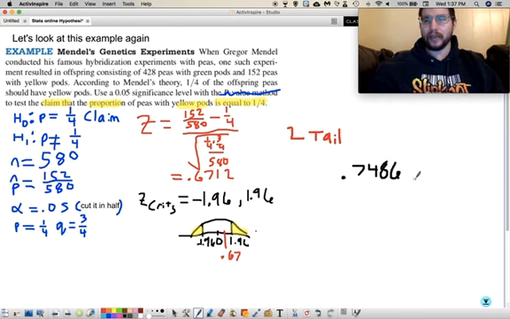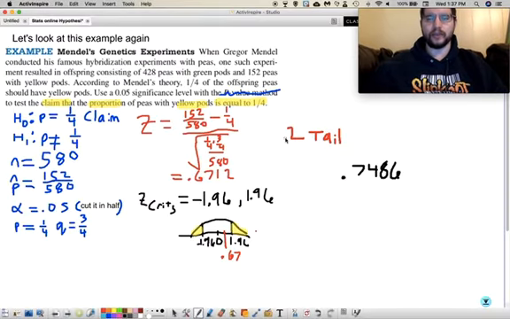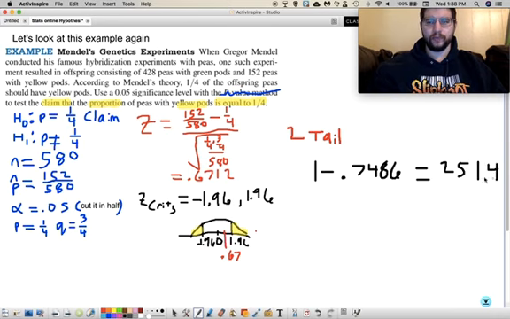So let's recall what that actually is. That's the area to the left of 0.67. Or we use the area to the right of 0.67. So I'm going to do 1 minus that answer. That's going to be 0.2514. And then what do I have to do next?